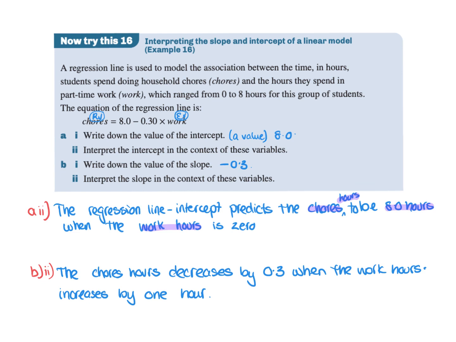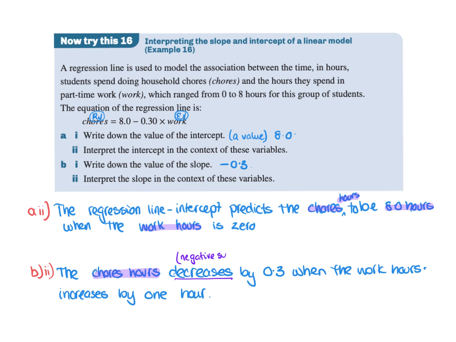So it says the chore hours, sorry, I probably shouldn't have the S there, the chore hours decreases. Now this is because we write the word decreases on a negative. When it's a negative gradient, we don't need to put a negative in front of that 0.3. The word decreases represents the negative symbol.